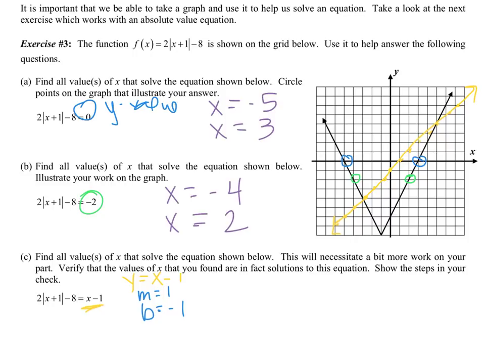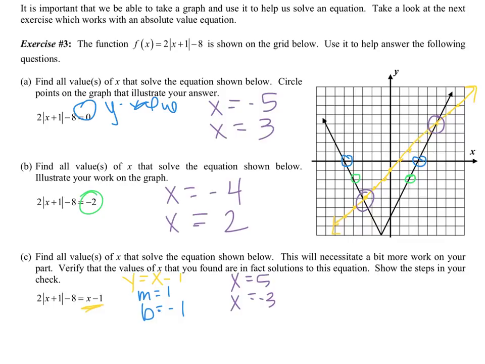So the other equation that we just graphed was y equals x minus 1. So now we need to find what are the x values at these. So this x value is 1, 2, 3, 4, 5. And this x value is negative 3. So we need to check these to see if they work.